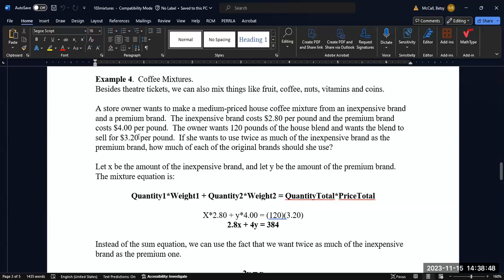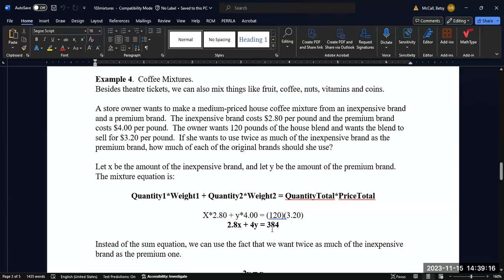That's where the price comes from, the quantity total times the weight type of setup. So if x is the amount of the inexpensive brand, then our equation is x times 2.80. And if y is the amount of the premium brand, then that piece of that equation is y times $4.00. And the result is 120 pounds at $3.20.